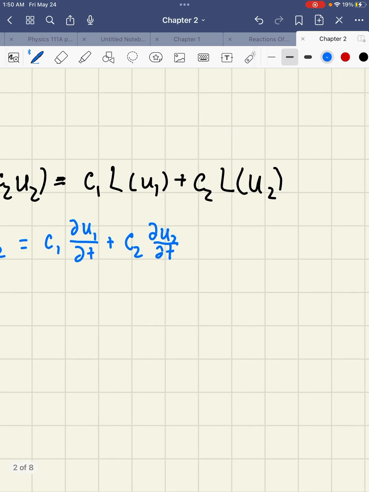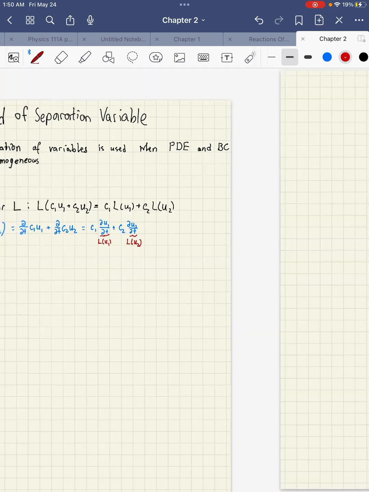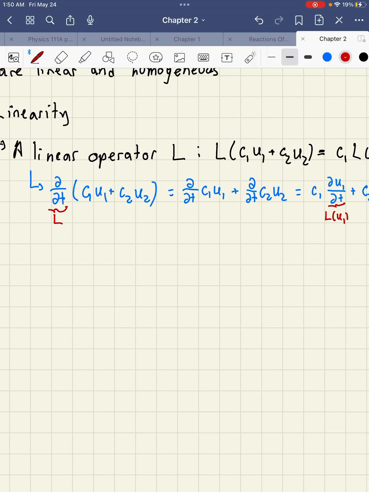Now, here you can see it's just C1 times L of U1 plus C2 times L of U2. So the partial derivative with respect to t is a linear operator. Similarly, the second order partial derivative with respect to x is also a linear operator.